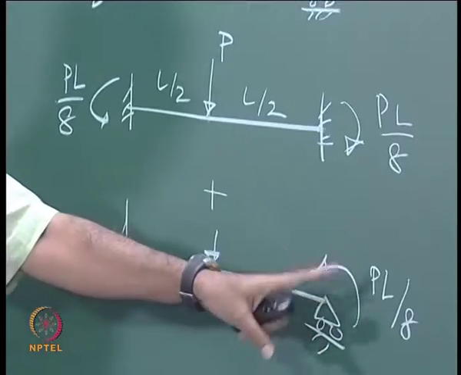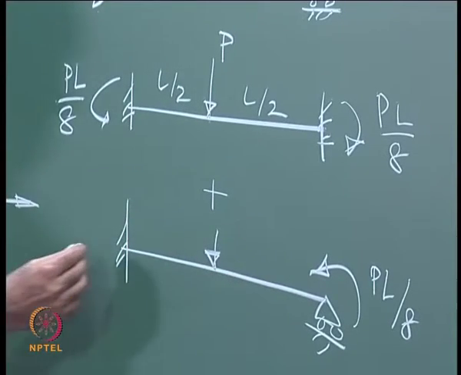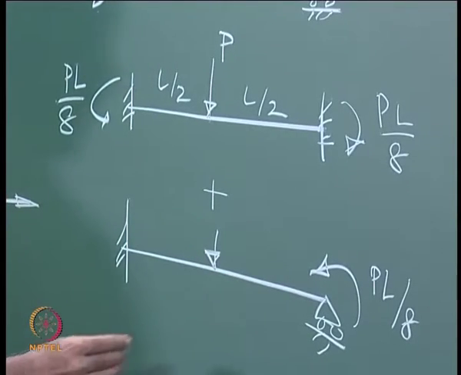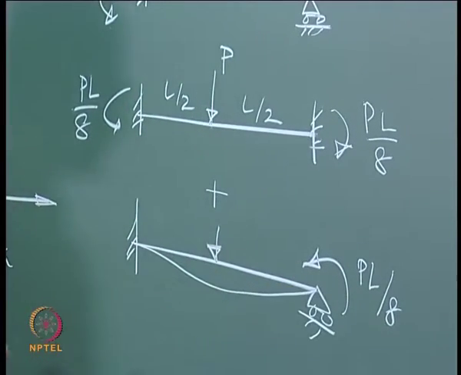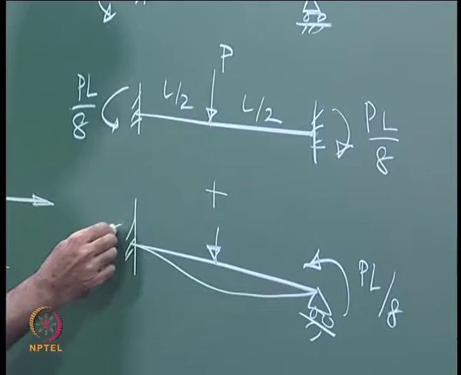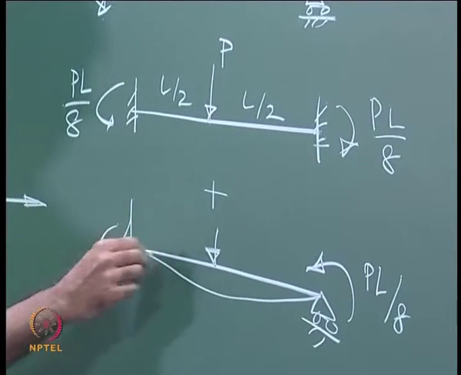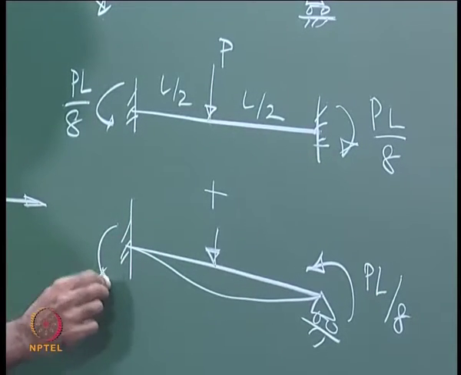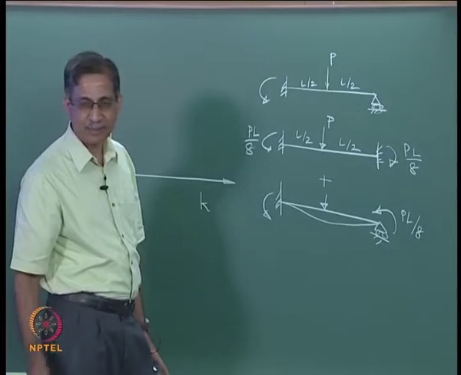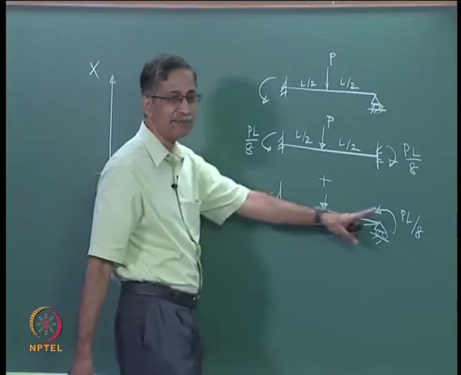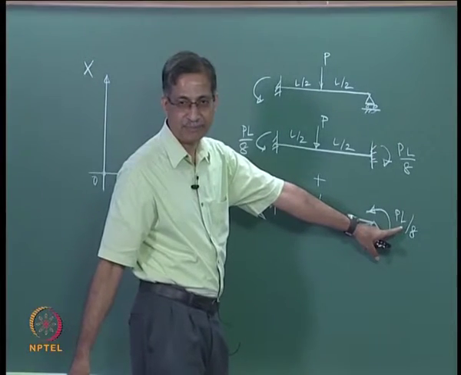But when I do this, it will take a shape like that, right. And what do you think this moment will be? This is going to be how much? You have studied this? Okay, we will study it. This will be always half this value for a prismatic beam.